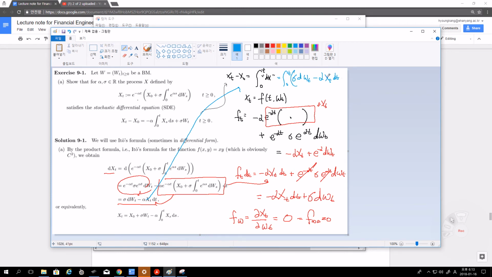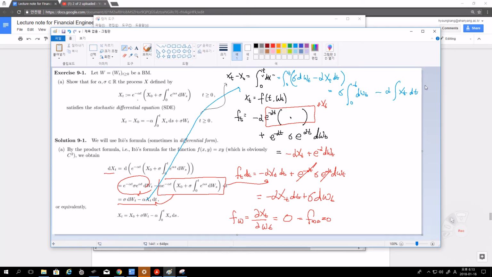And we want to do the integration about this one, and then we have sigma from 0 to t dwt minus alpha xt dt.